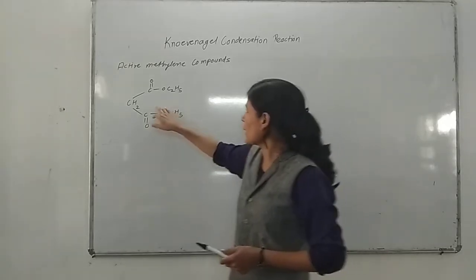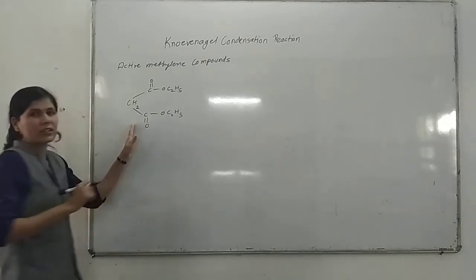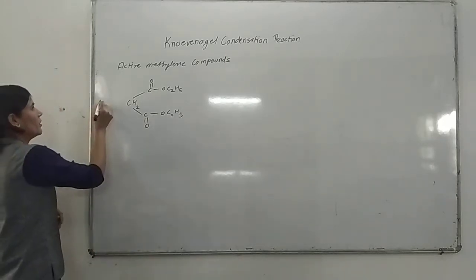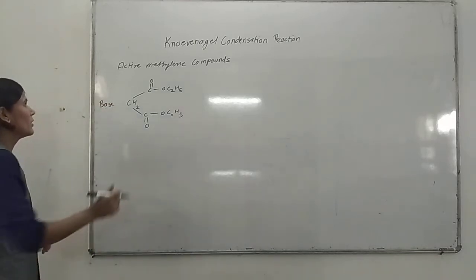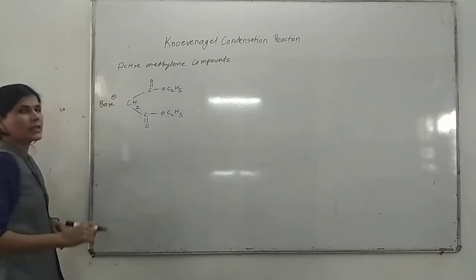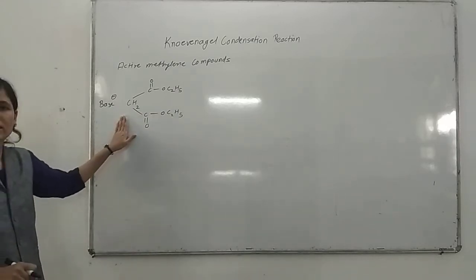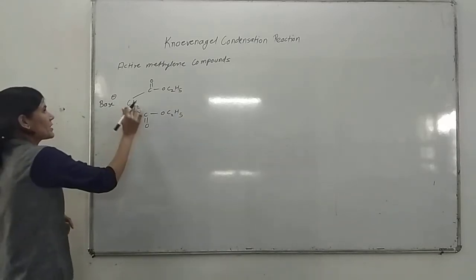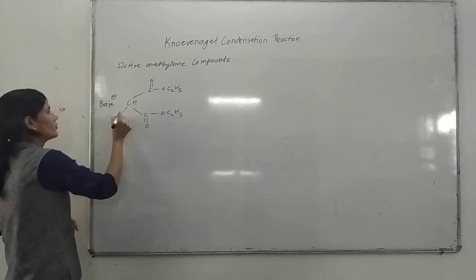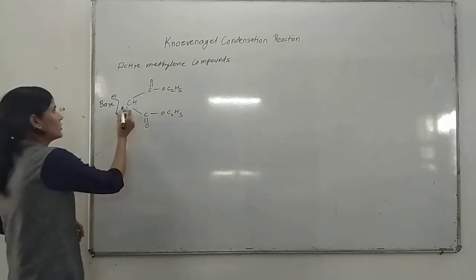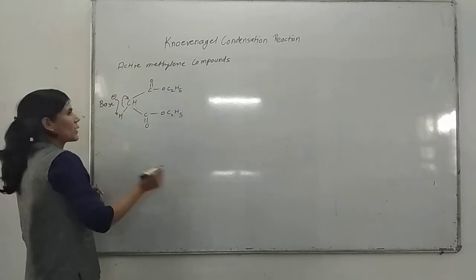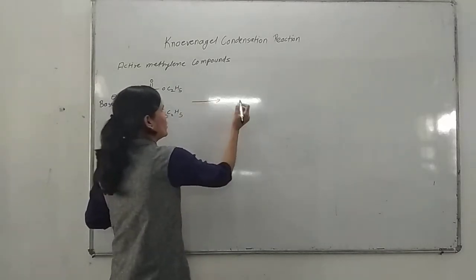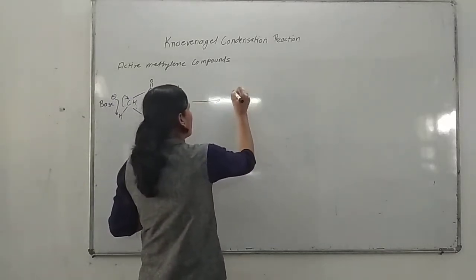These two carbonyl groups of the ester withdraw electrons towards themselves. So if we react any base with this malonate ester, then the base attracts this proton, that is the acidic proton, and this results in the formation of a carbanion, that is the carbanion of malonate ester.